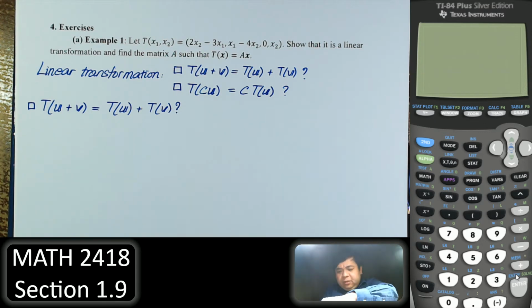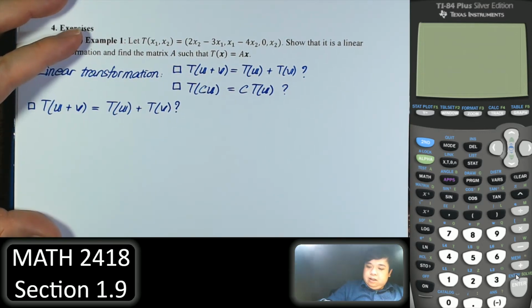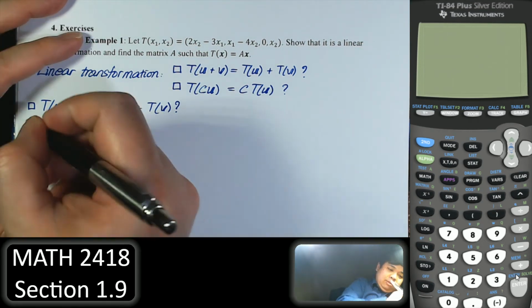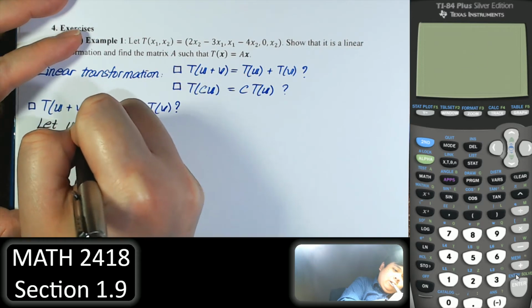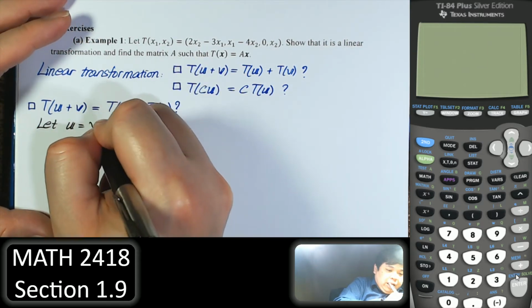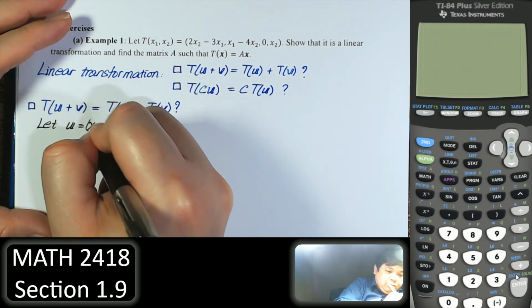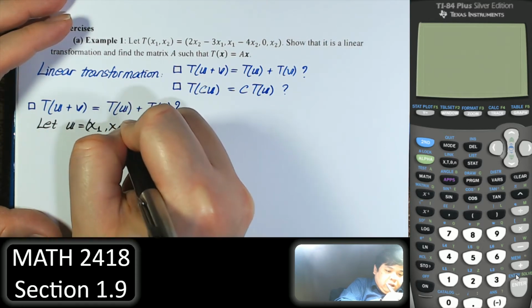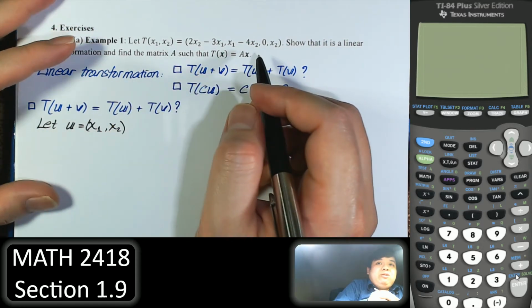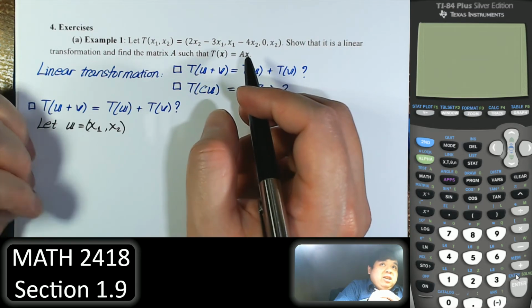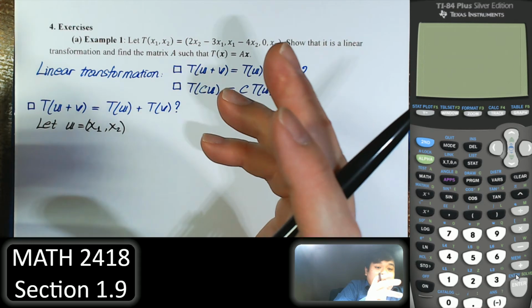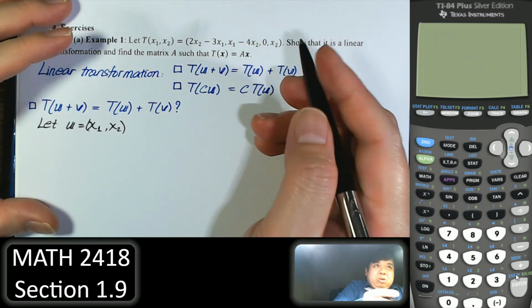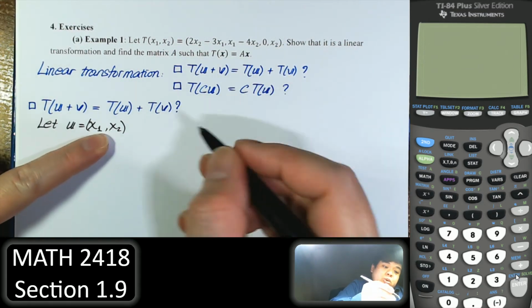Now, let u be (x1, x2). The reason that we don't write this in vector or matrix form is that we don't know if this is a linear transformation or not. So we're not sure if there's a matrix representing it or not. Right, let u equal that.